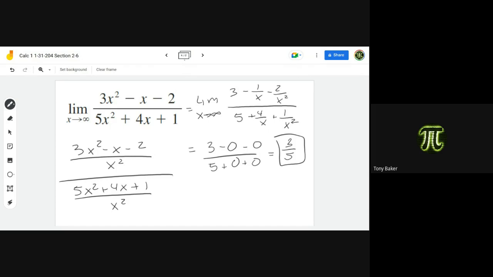Whole lot of work to do the exact same thing you did in pre-calculus. But that's the reason the rule that you learned in pre-calculus works.